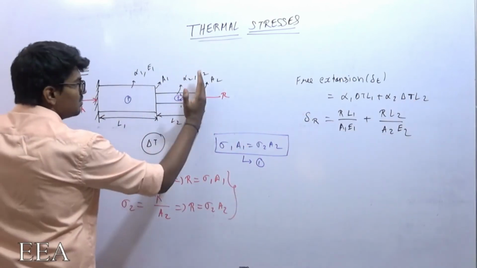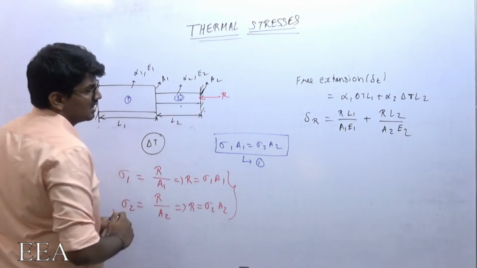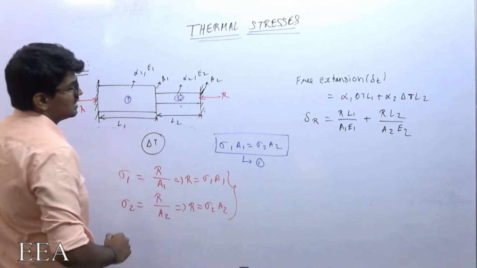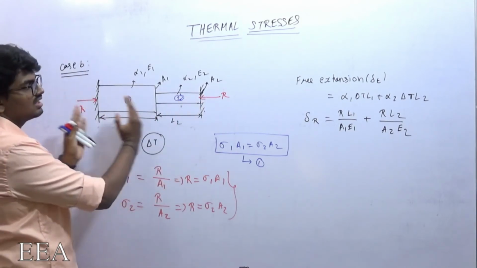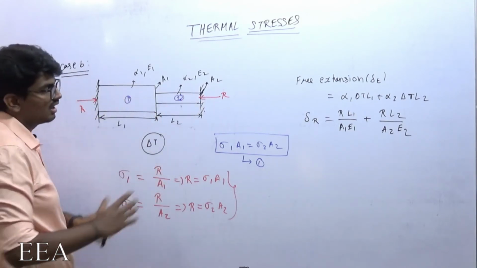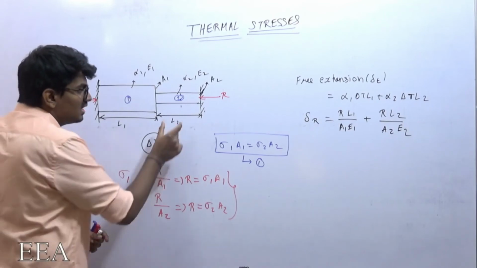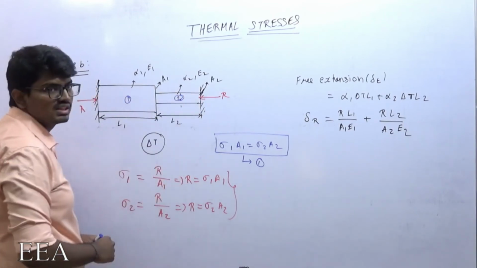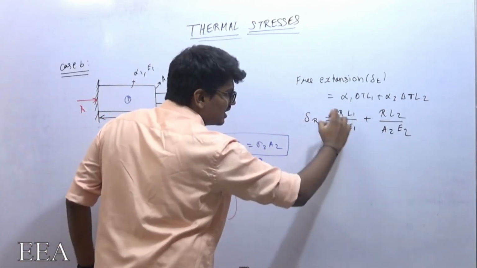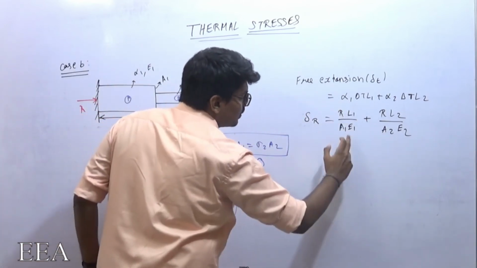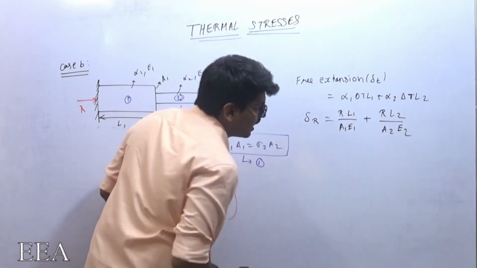But I'm keeping a restriction here. Due to this restriction, this member is not expanding freely. There was some compressive deflection. Similarly, this member 2 is also getting compressed a little, and that total restriction is similar to PL by AE, right? That concept only, R L1 by A1 E1 plus R L2 by A2 E2.